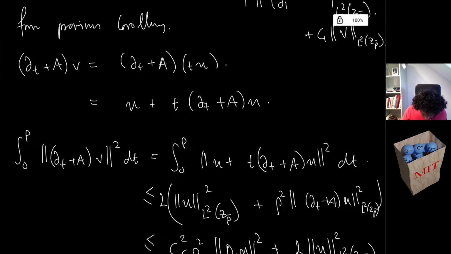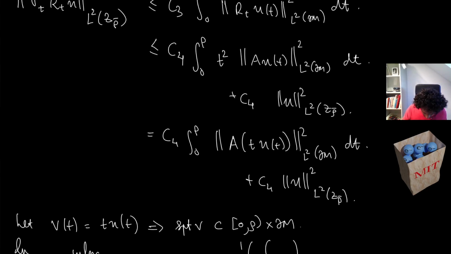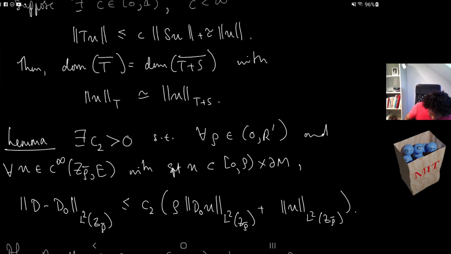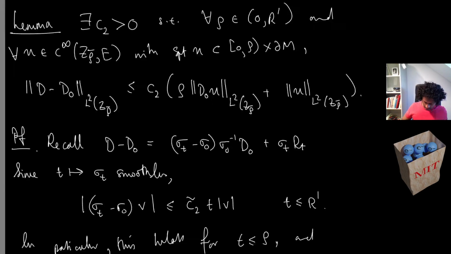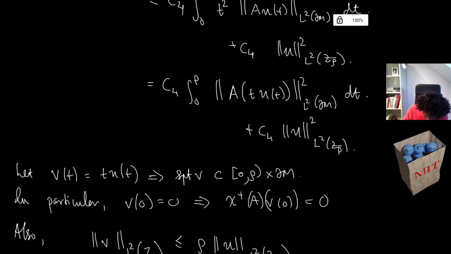The abstract result was phrased a little incorrectly. Sorry about that. So where is it? It was the domain of S closure and T plus S closure. All right.